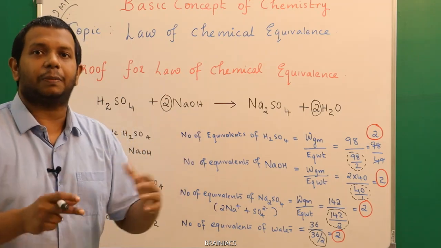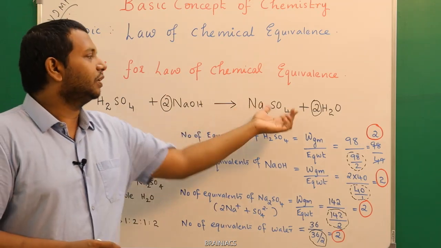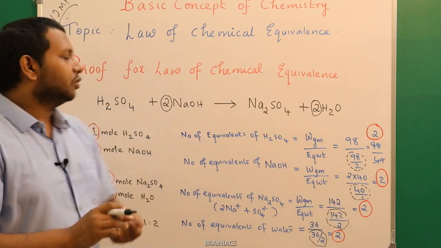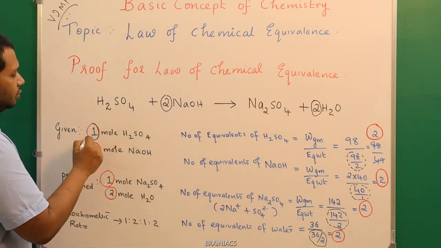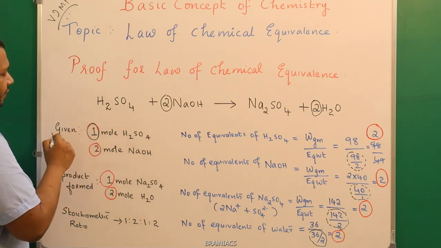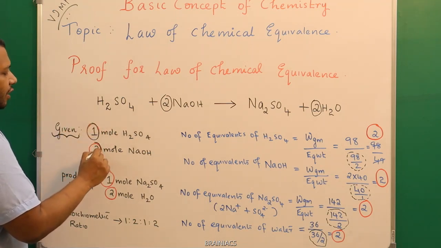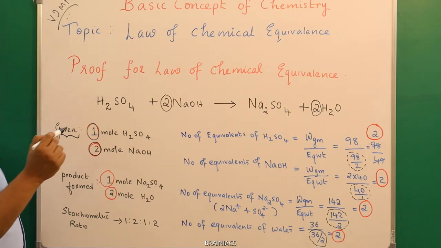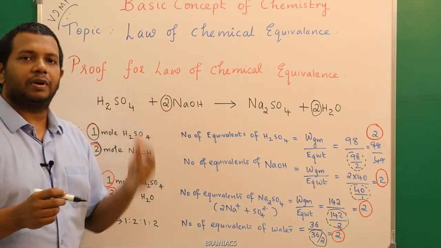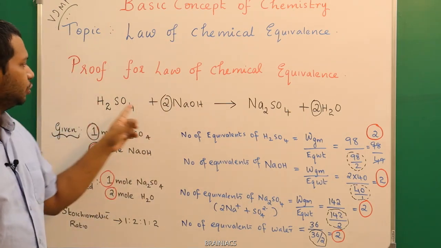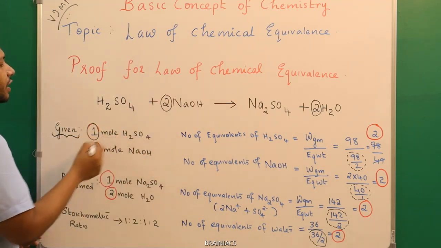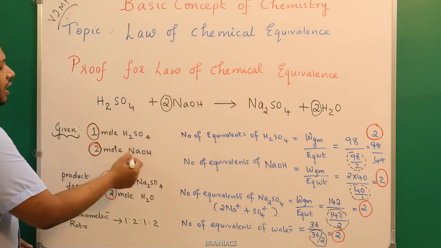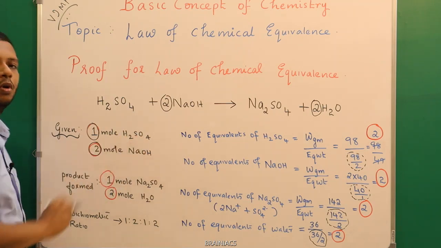Now to actually proceed with the reaction, what is given to you? Accidentally, 1 mole of H2SO4 is given to you, which is the given quantity, and 2 moles of NaOH is given. As per the stoichiometric ratio also, I know that 1 mole of H2SO4 needs 2 moles of NaOH.